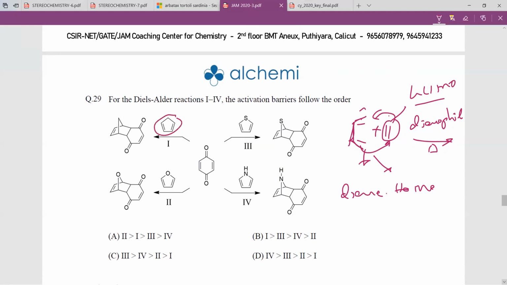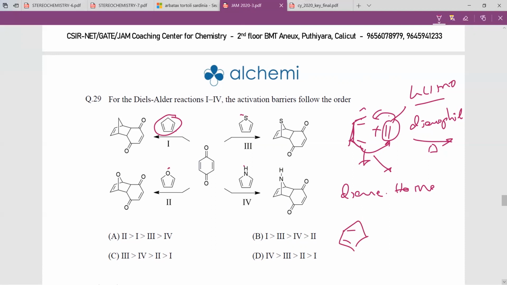In the first case, there is no substitution on the cyclopentane ring. Here there is oxygen, there is nitrogen and sulfur. Okay, if you have no substitution, then that diene can participate very easily.